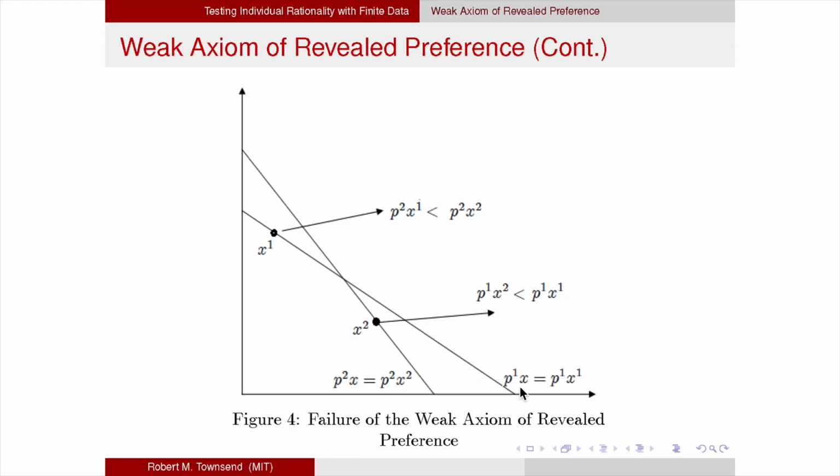Then we look at prices P1. Here's X1, it's on the budget at price P1. The question is, where is X2? In this case, X2 is interior to the P1 budget line. That violates what ought to be true, and so it violates the weak axiom.